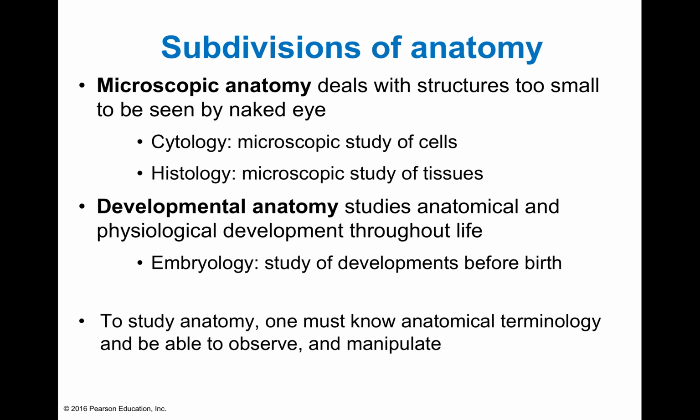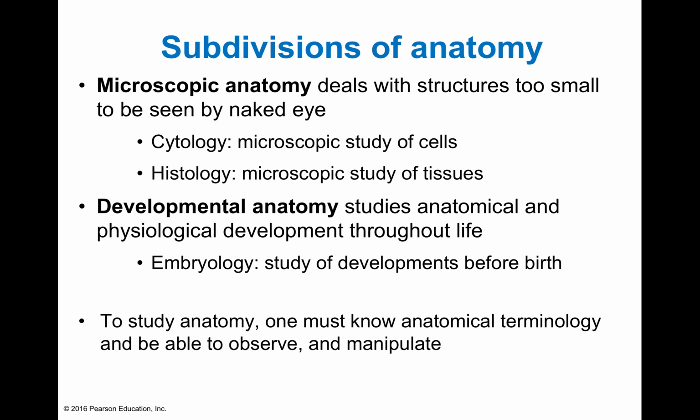Now, when we're talking about anatomy in a microscopic sense, the word microscopic is a big hint. Basically, this is going to be small enough structures that are not going to be visible with the naked eye. As a result, you probably do need some sort of equipment, typically a microscope, to be able to carry out the activity of anatomy.